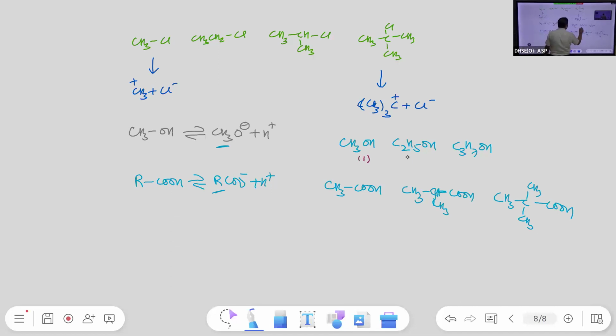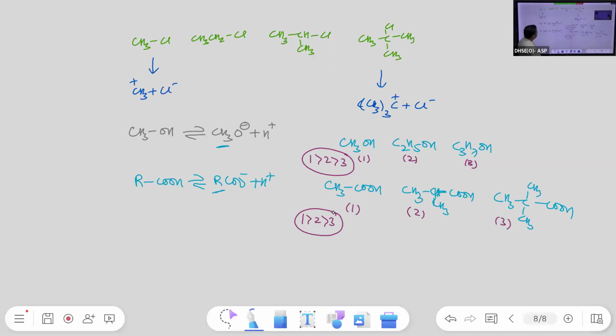Let's say this is 1, 2, 3. So what is the answer? The first case, it is 1 greater than 2 greater than 3. Second case, it is 1 greater than 2 greater than 3.